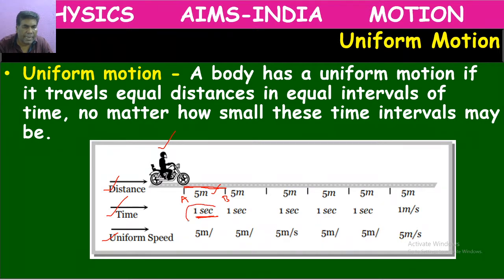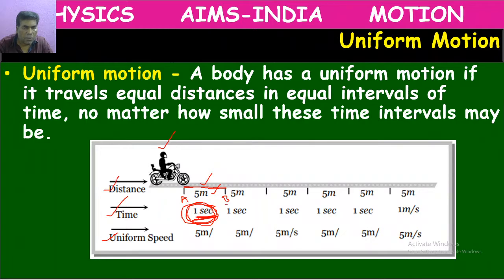Time interval means the time taken by the bike for traveling from A to B. This time interval is 1 second, which means in this particular time interval it has traveled a distance of 5 meters.